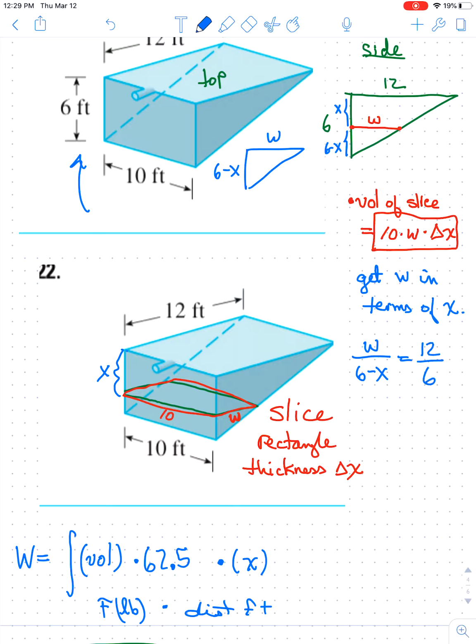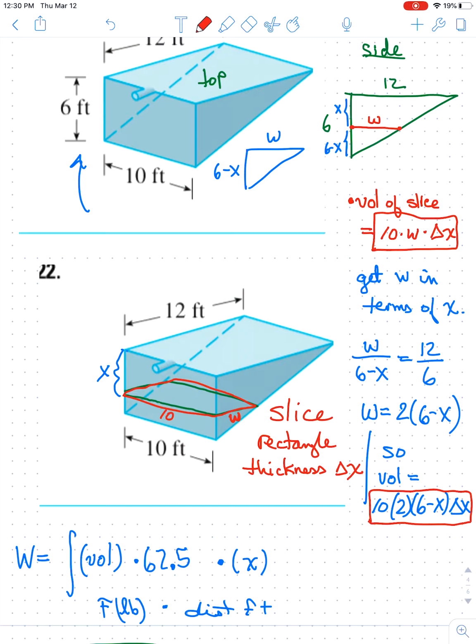So whether I do that with the 12 by 6 triangle or the w by 6 minus x triangle, I should get the same thing. And when I solve for w, I get 2 times 6 minus x. And I can now plug that back into my formula for volume. So the volume is going to equal 10 times 2 times 6 minus x dx. Again, that's my picture here. In this red box I've just substituted in for w.